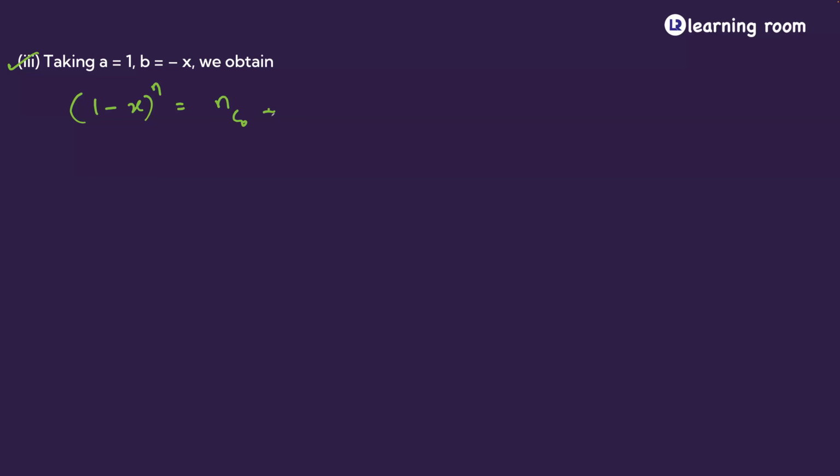So it is going to be nC0 plus nC1 (minus x) to the power 1 plus nC2 (minus x) to the power 2 plus nC3 (minus x) to the power 3 plus so on plus nCn (minus x) to the power n. Okay. Clear with this?